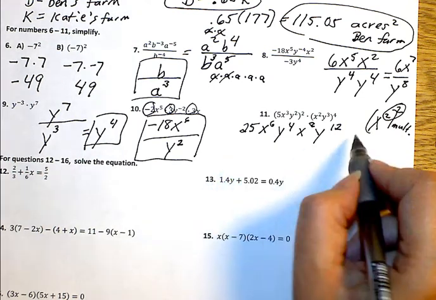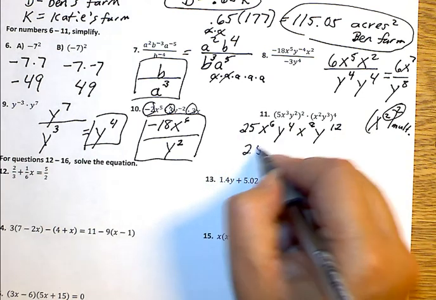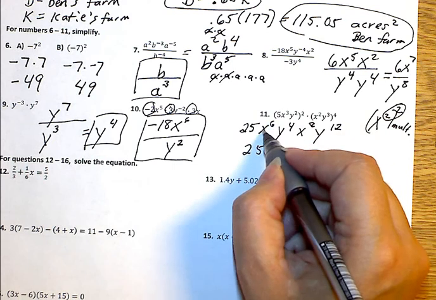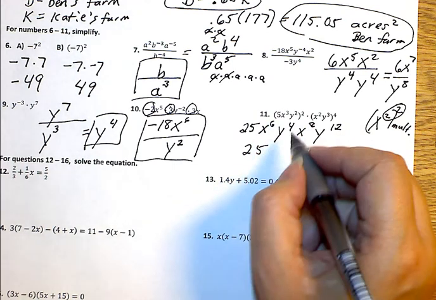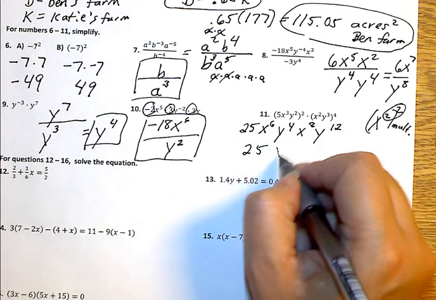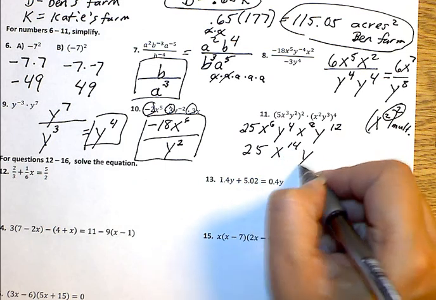Collecting like terms, we have 25. We have 6 x's and 8 x's, so multiplying together, so we have 14 of them. And then y to the 16th.